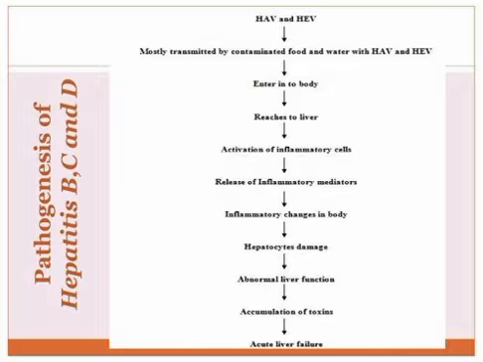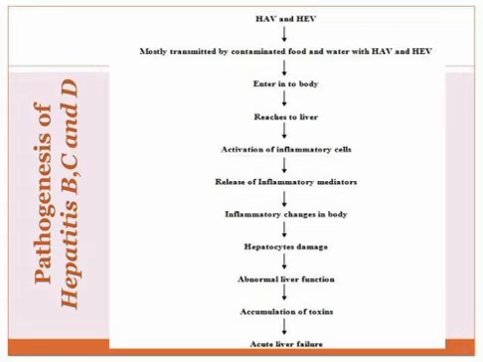Next, it will be the pathogenesis of hepatitis B, C, and D virus. When these viruses get into the body, they reach the liver, with activation of inflammatory cells, which release the inflammatory mediators, and inflammatory changes in the body, so that the hepatocytes get damaged.